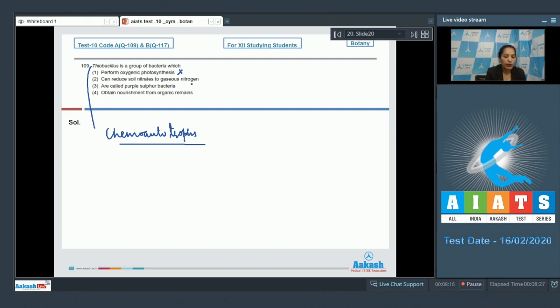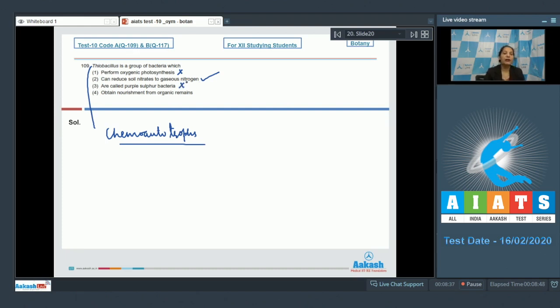Second one, can reduce soil nitrates to gaseous nitrogen. It is true because they help in denitrification. What is denitrification? When the nitrates of the soil are converted into atmospheric nitrogen, this is denitrification, which can be carried out by Thiobacillus.